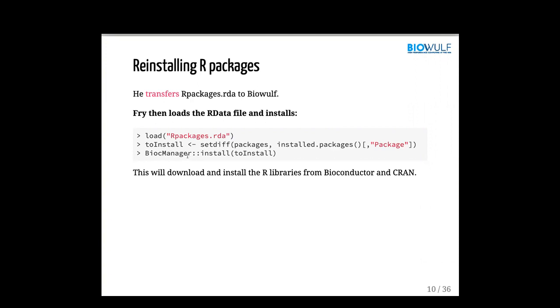Then Fry can run BiocManager to install the libraries that are missing. The reason we recommend using BiocManager is that this command can install libraries from both CRAN and Bioconductor.